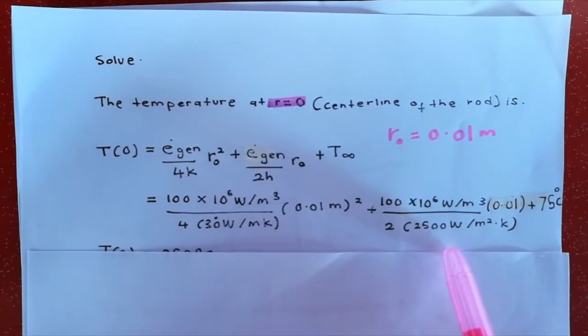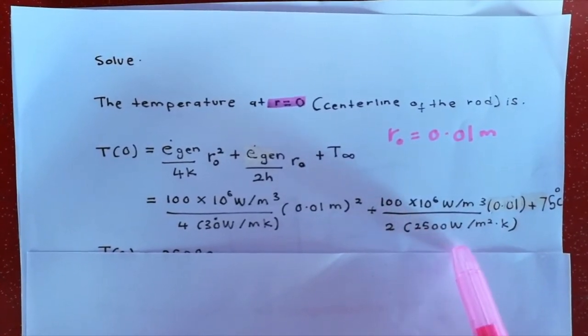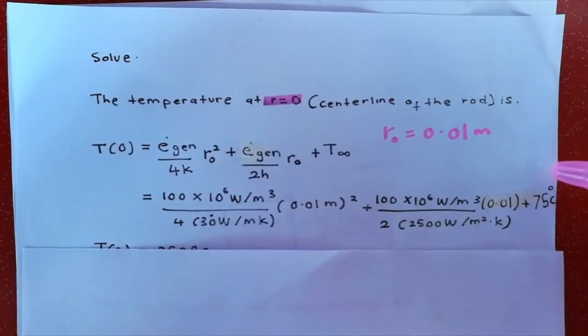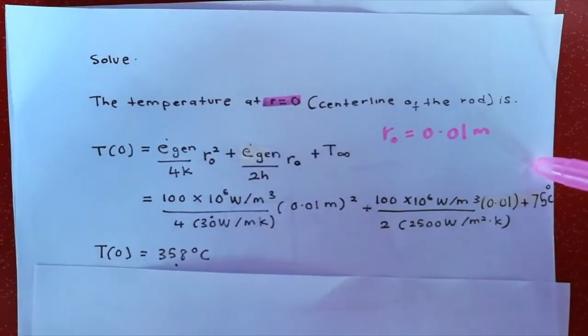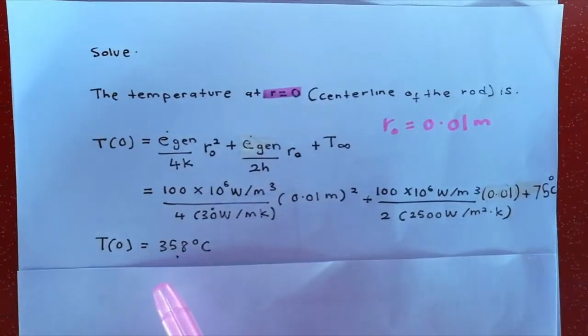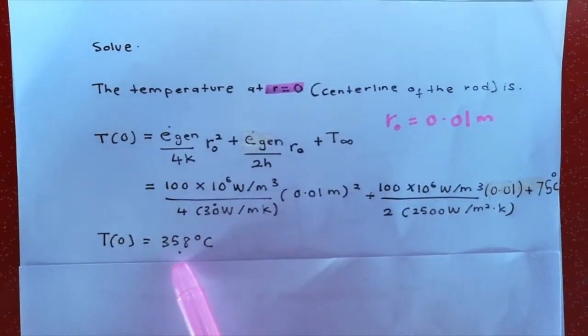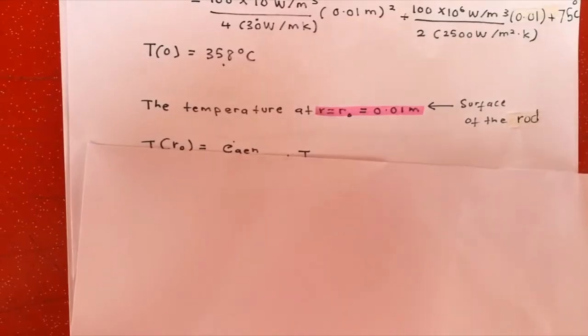H is equal to 2500, and T ambient is equal to 75 degrees Celsius as given in the question. So then we get T at R equal to 0 is 358 degrees Celsius.